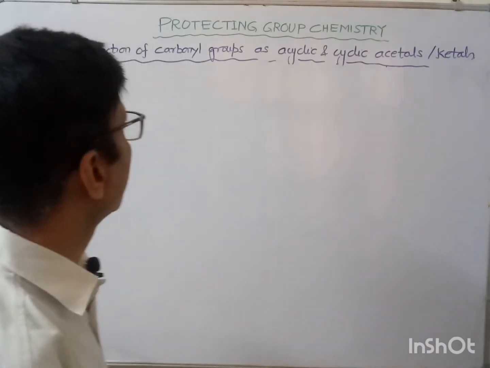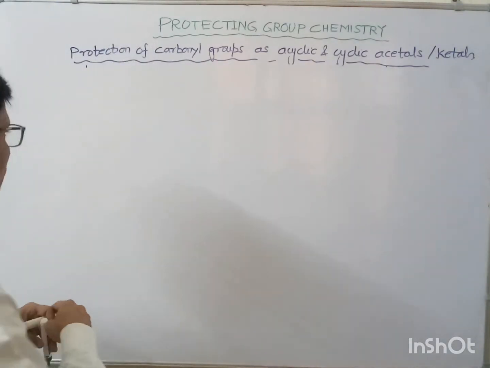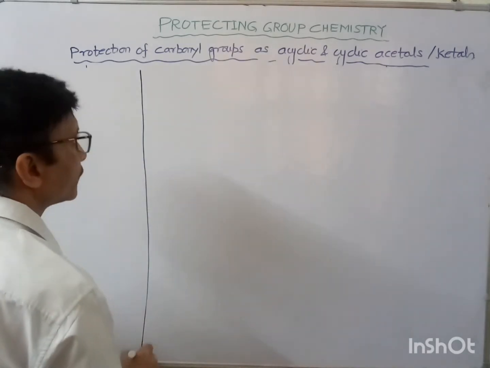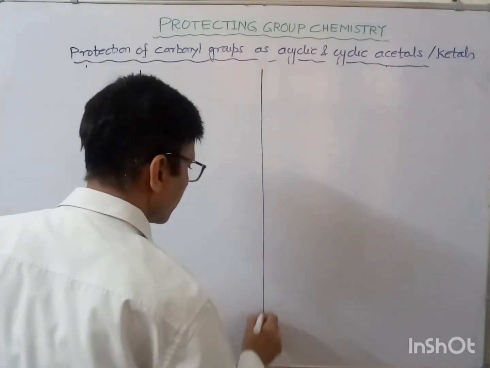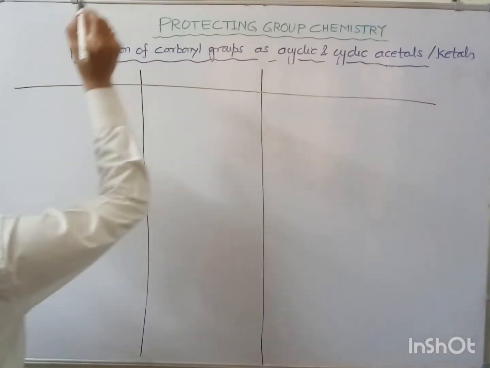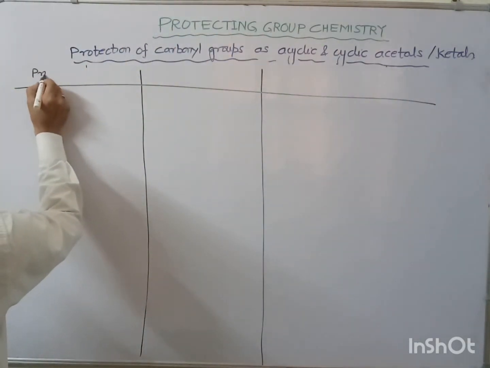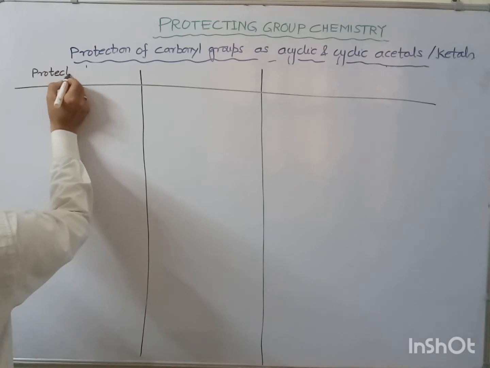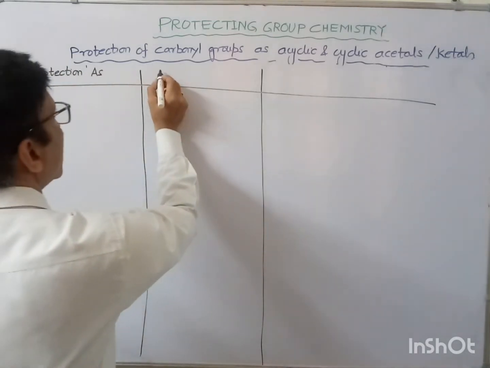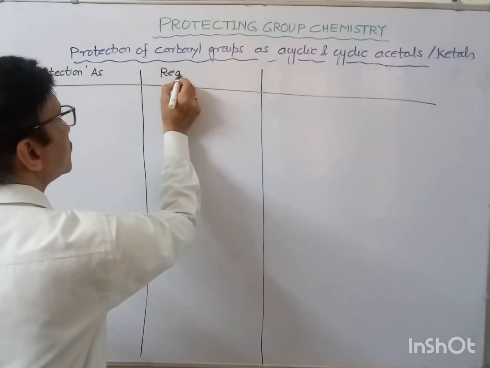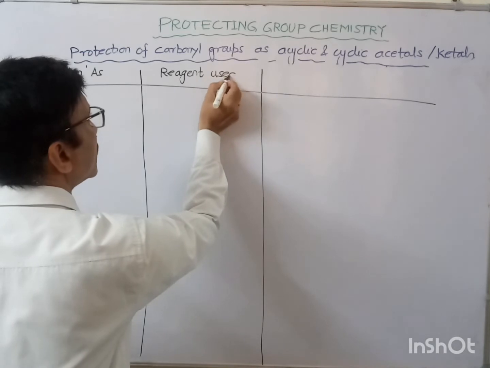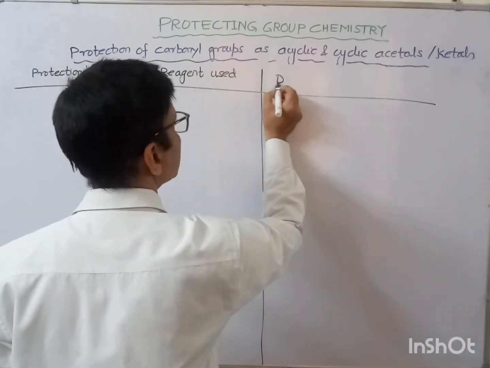So let's summarize how we can protect these carbonyl compounds, and let's summarize in the form of this table. So protection of this carbonyl compound, the reagent used, and the deprotecting agent.